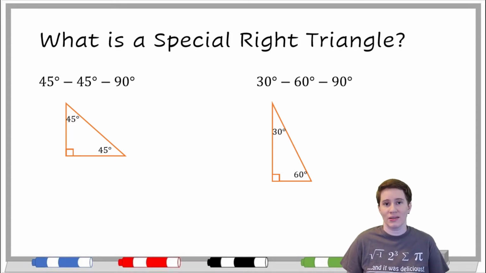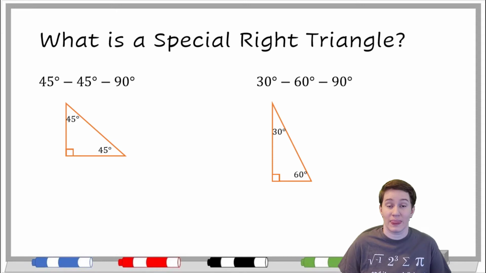As far as why those are the two things that we consider special right triangles and not any other, I haven't actually researched who decided to make them special. But I think at least the 45, 45, 90 is pretty understandable as a triangle we're most likely to encounter in the real world.